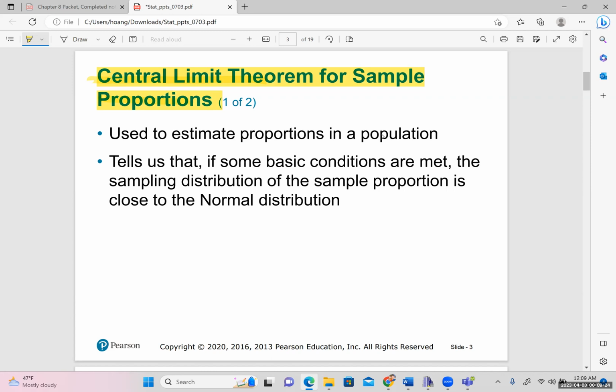We're going to use central limit theorems to estimate the proportions in a population. And the central limit theorem will tell us that if some basic conditions are met, the sampling distribution of the sample proportion is close to the normal distribution.